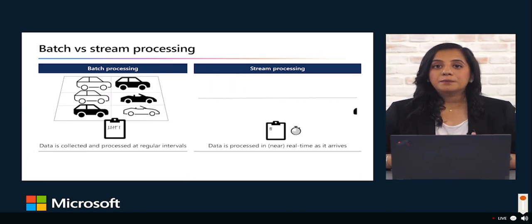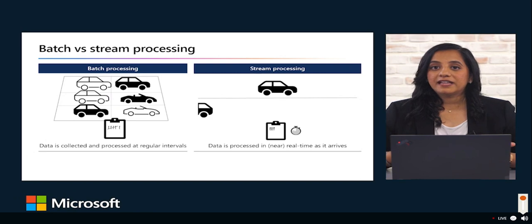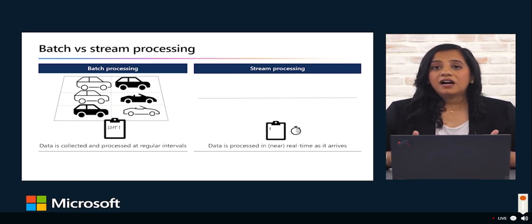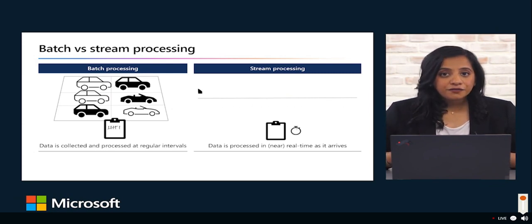Understand the differences between batch and stream data. Apart from the way in which batch processing and stream processing handle data, there are other differences too, like the data scope for both of them is different.